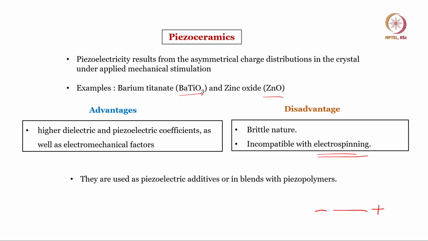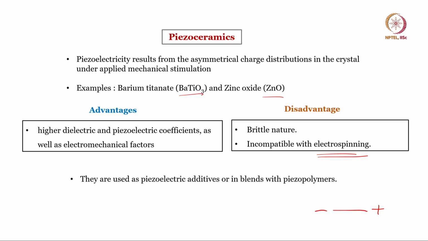In case of electrospinning, this brittle nature of the material makes the piezoceramics incompatible for the electrospinning process, because during electrospinning the material is subjected to high mechanical stress, and under those conditions these materials cannot withstand the stress, and thereby there will be a destruction of crystal structure that leads to the destruction of piezoelectric property.